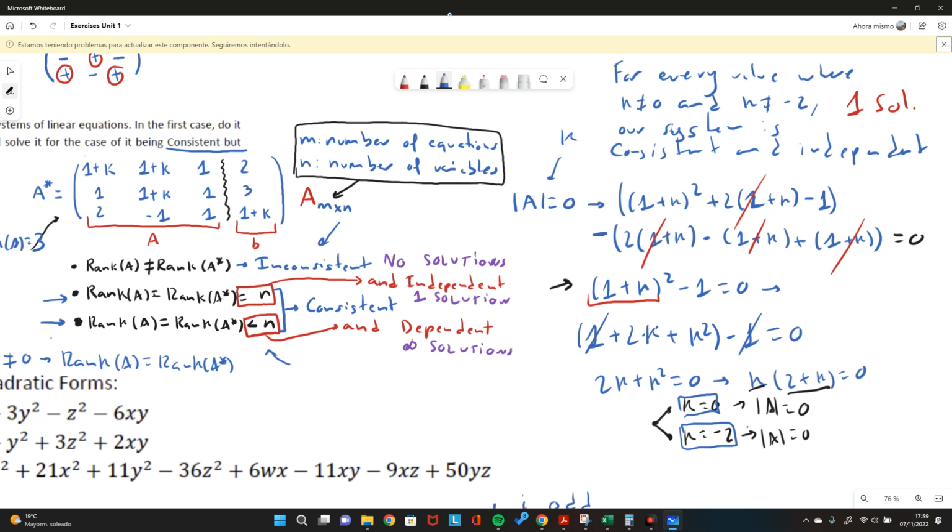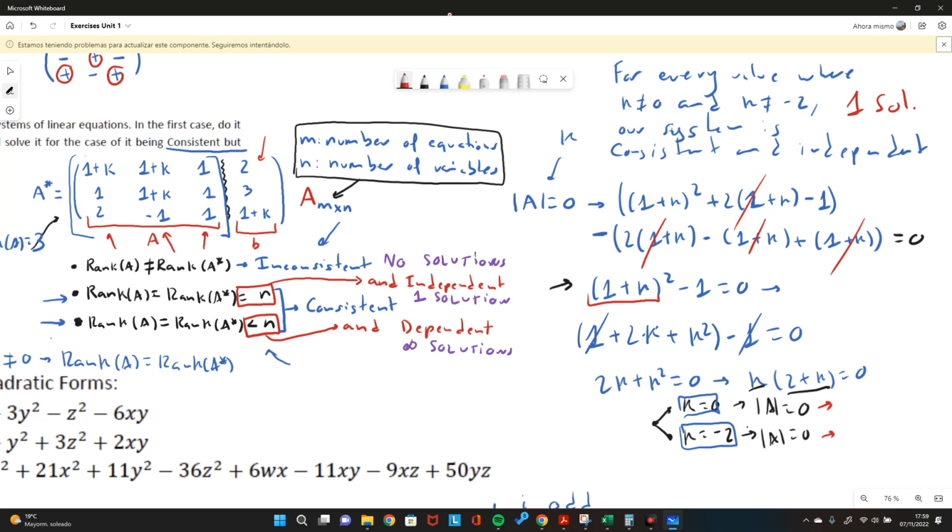We know that the rank of A is 2 because the determinant is 0. So we have to change one of these columns and introduce B and see if the determinant is different from 0. And in both cases, the determinant is different.